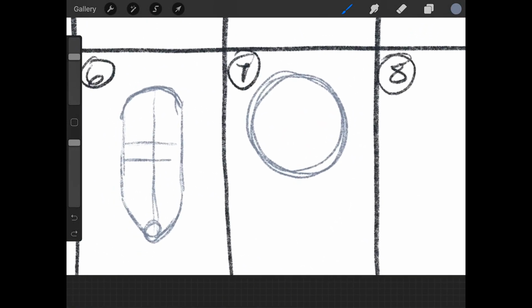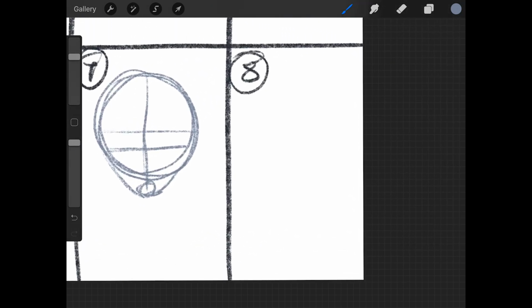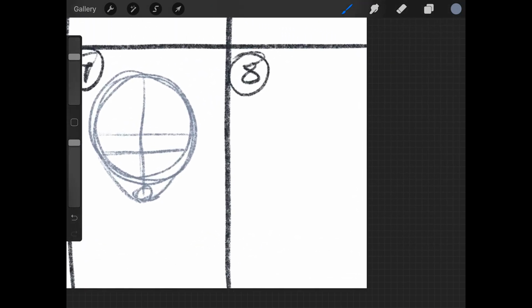But instead of having that V shape really big, it's going to be super, super tiny. A line straight across the middle, a line right above it, a line down the center, and our chin is going to be tiny.